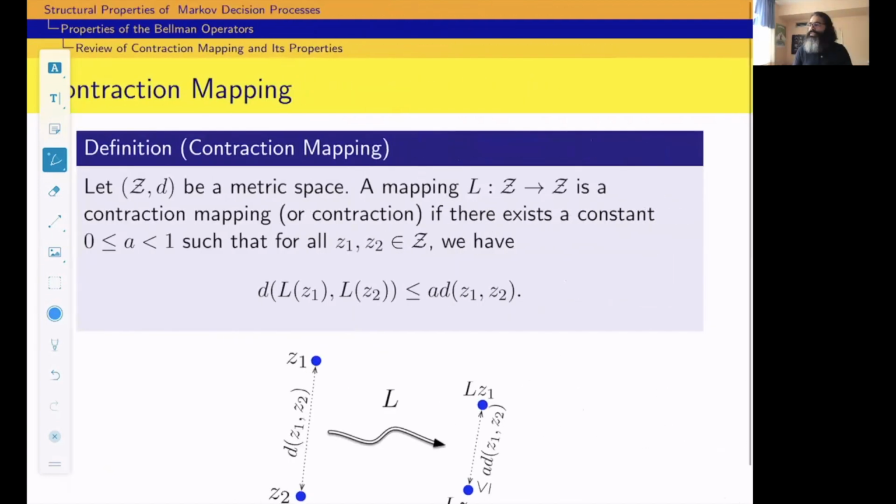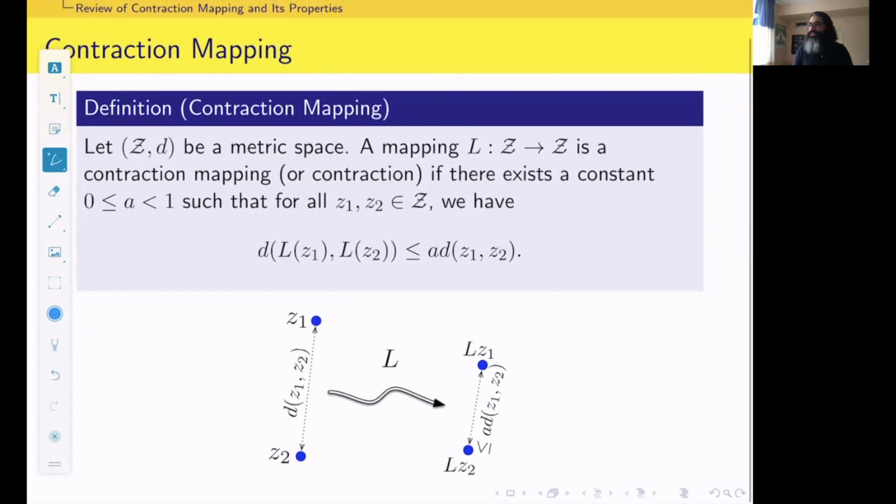Okay, let's define contraction mapping. A contraction mapping is essentially a mapping that makes distances smaller. If you have two points and you apply this mapping to them, the distance after applying it becomes smaller.